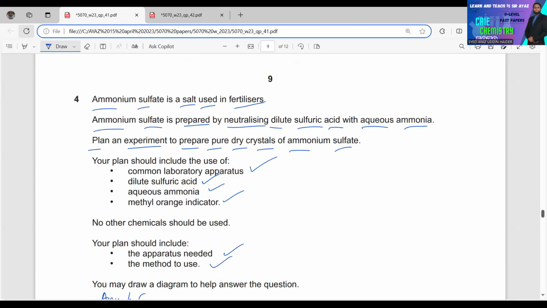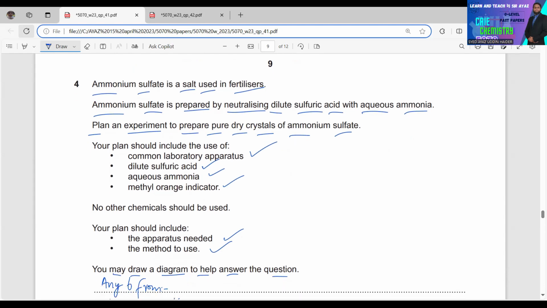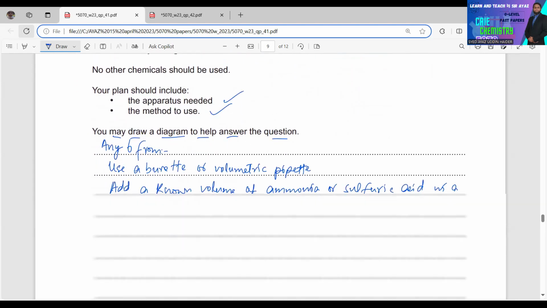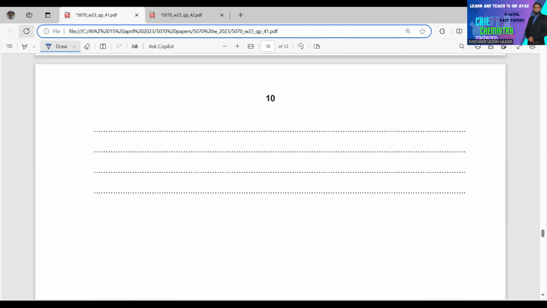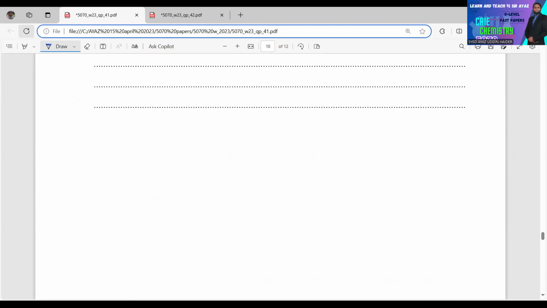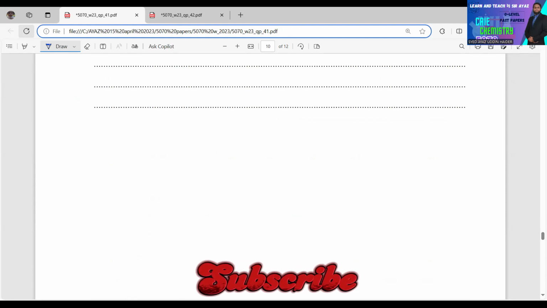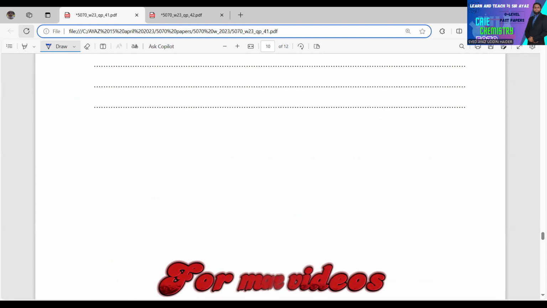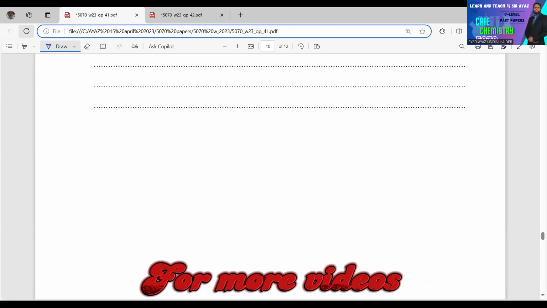Now in the question, they are saying you may draw a diagram to help answer the question. What diagrams can you draw for this question? They provided you with the space. You can draw a burette or pipette.